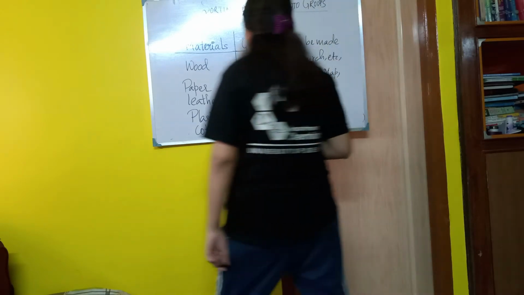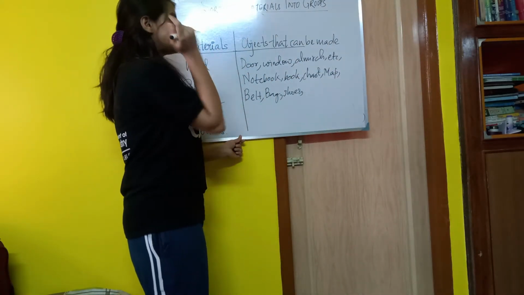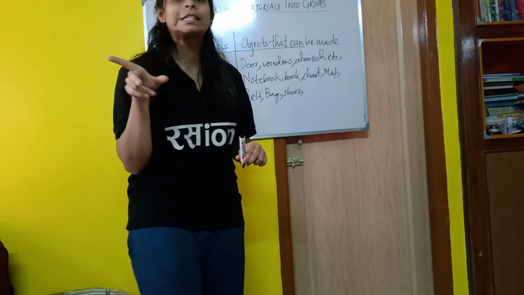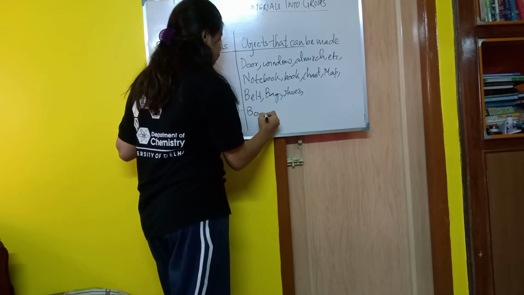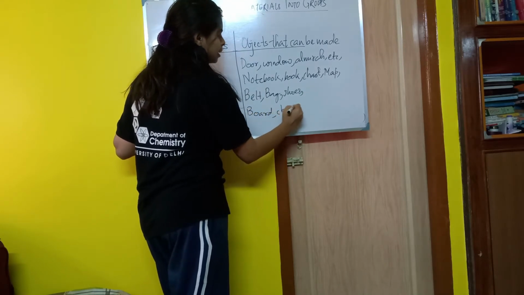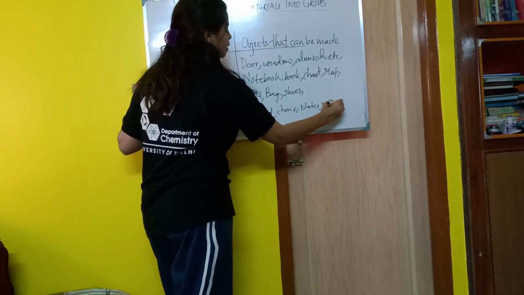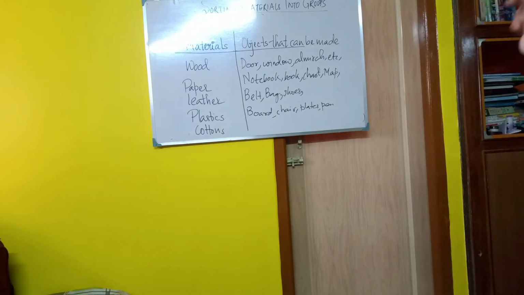What can we make from plastics? You can see the board on which I am writing. This door is also made up of plastic. So from plastic we can make board, chair, plates, pen.